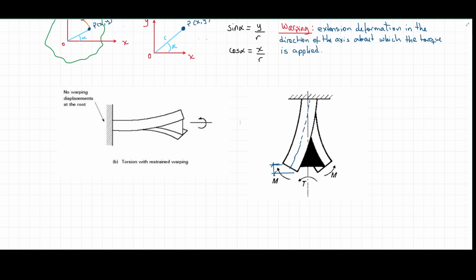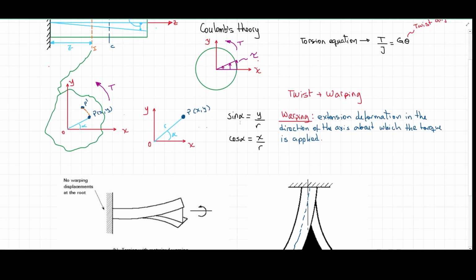Let's continue then. To continue with the development of this, I'm going to focus on this figure here, the one where I apply the torque, and that torque will make this section twist, and point P that was here is now in the P prime position. I'm going to extract those two points here.